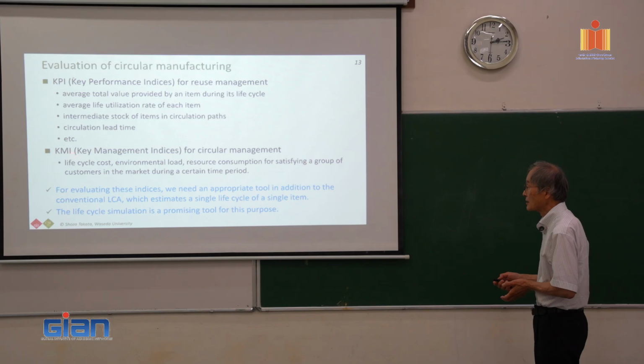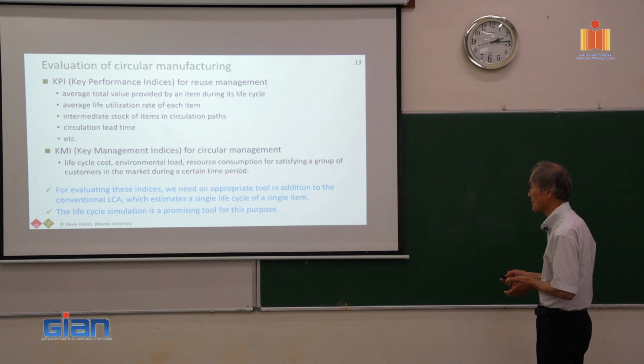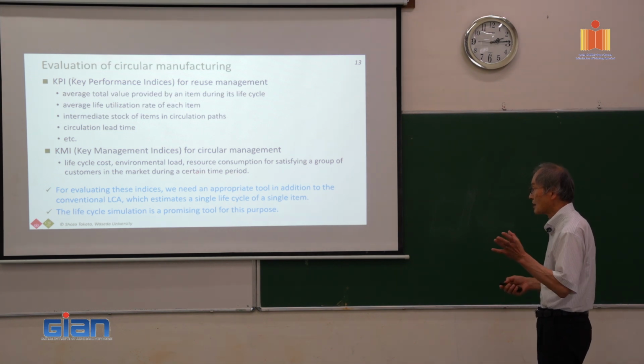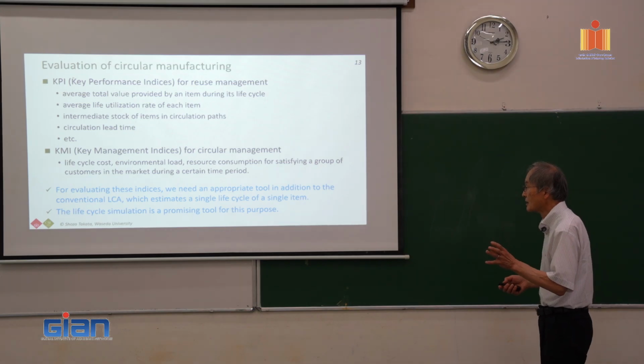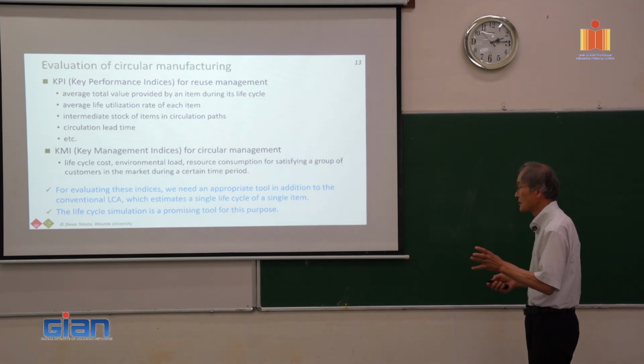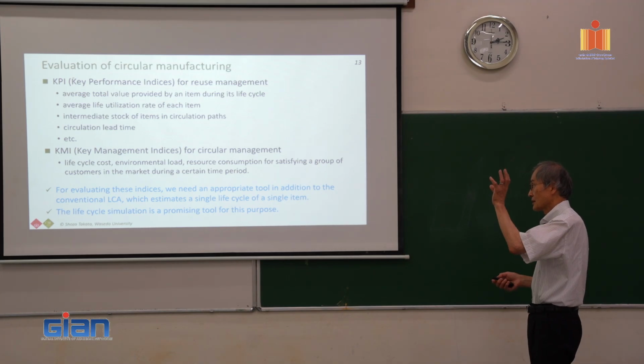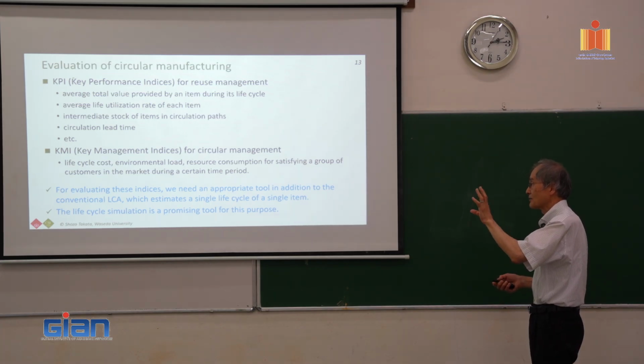KPI. And as for the KMI: life cycle cost, environmental load, and resource consumption for a group of customers in the market during a certain time period. So life cycle cost, resource efficiency, environmental efficiency and so on, they are the top management indices.